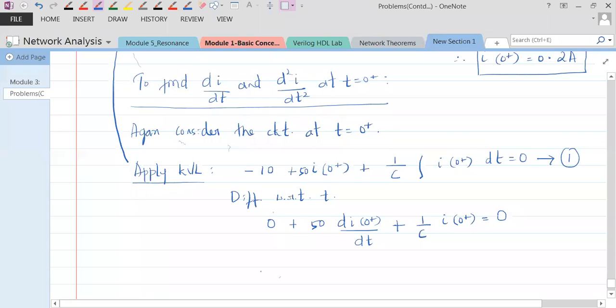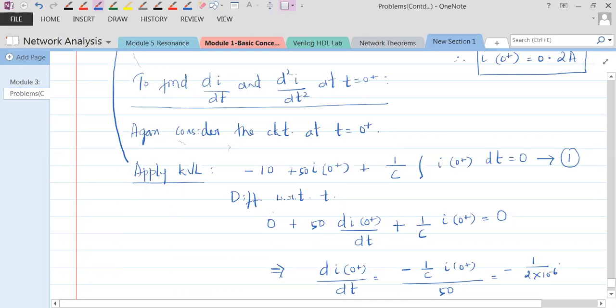Okay, so this implies what? This implies that our di of 0 plus by dt is equal to minus 1 by C I of 0 plus divided by 50. What is C? C is 2 micro, 2 into 10 power minus 6.